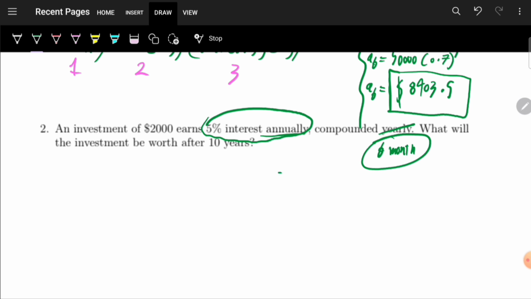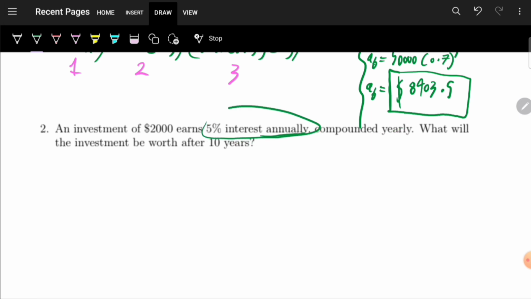Just as one more example, if we were getting 5% interest annually, compounded monthly, so 12 times per year, then we would take our 5% divided by 12, and this comes out to around 0.147.